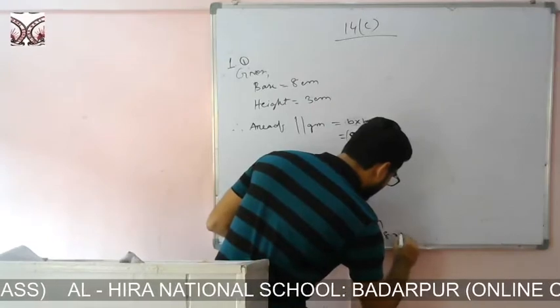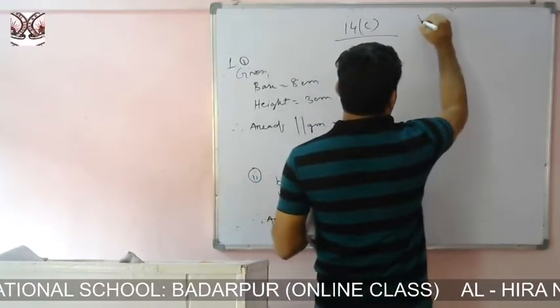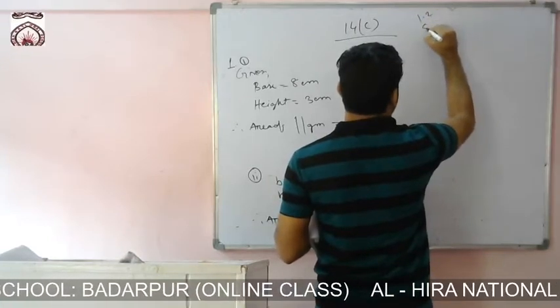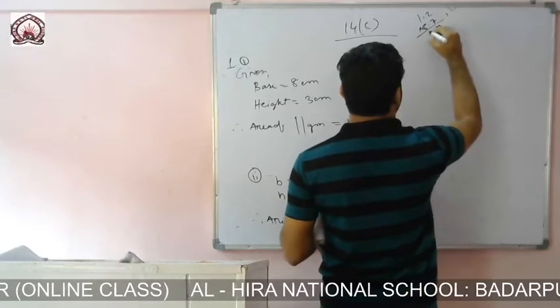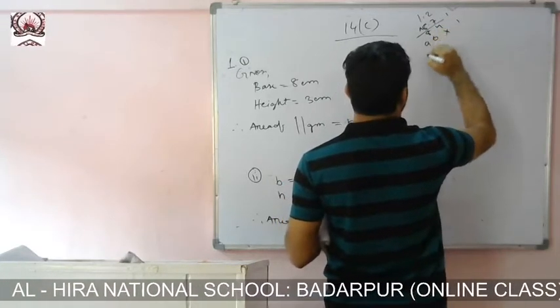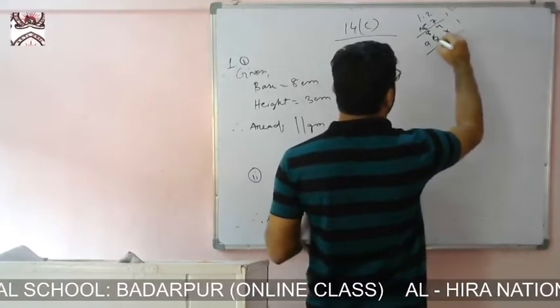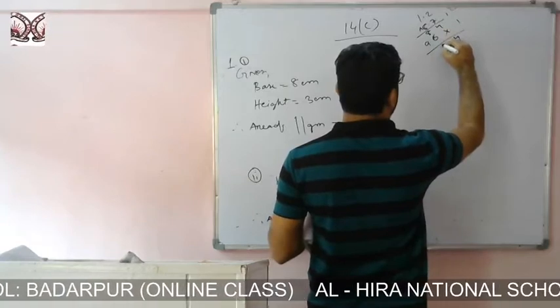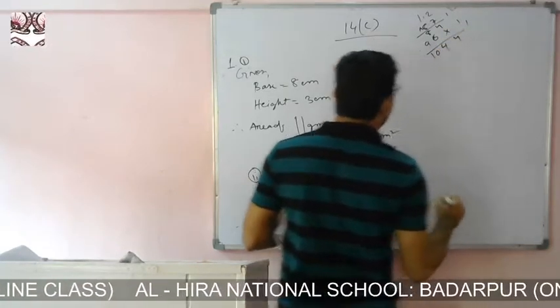So the answer will be, you multiply 1.2 by 8.7. 1044.